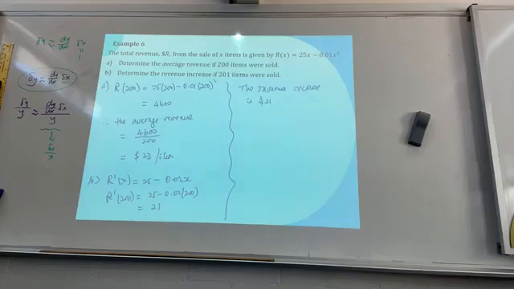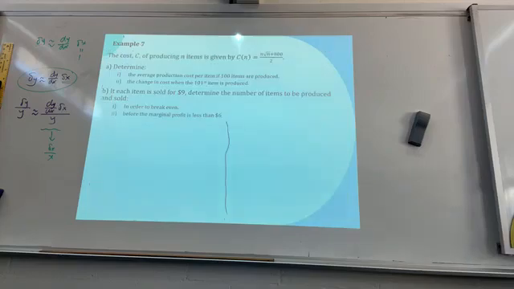All right, that's marginal because you're looking at one item, one extra item. Now, example 7 will take you through everything, including the profit, cost, and revenue, and we should be able to finish it in about 5 minutes. All right, let's have a look at example 7.